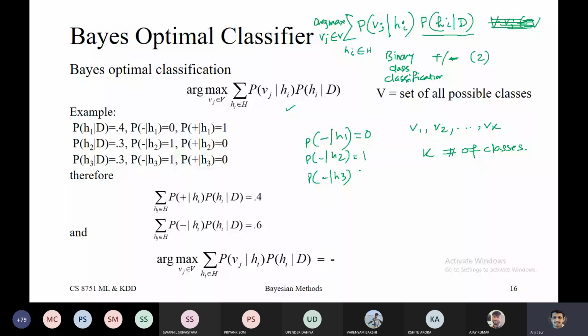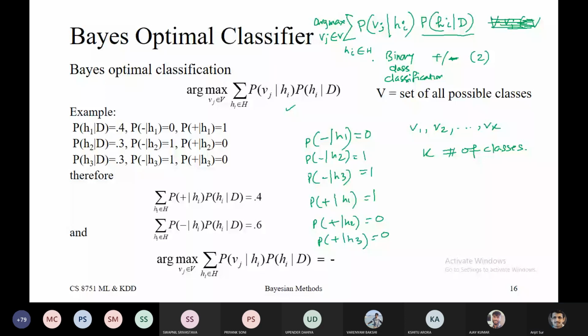For the other class, plus, P of plus given H1 is 1, P of plus given H2 is 0, P of plus given H3 is 0.